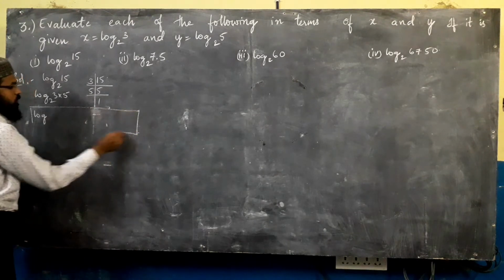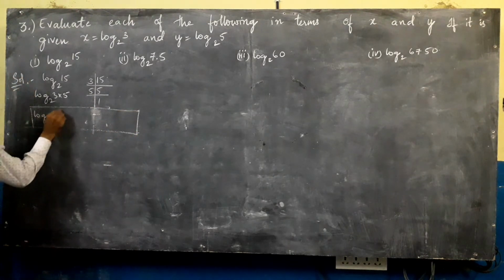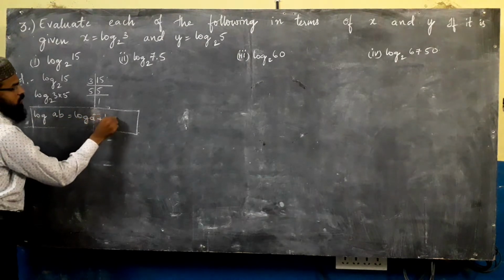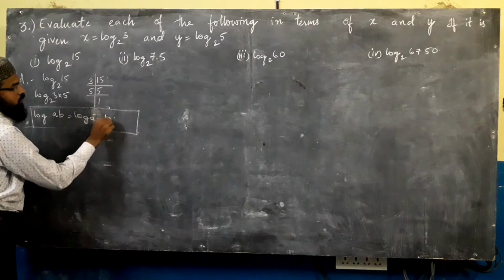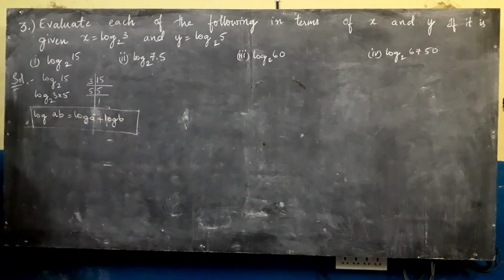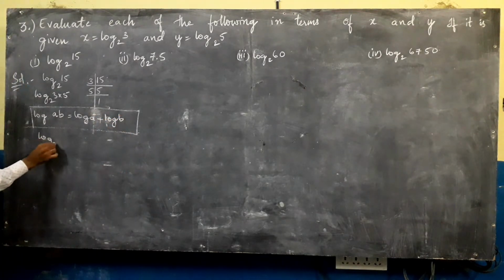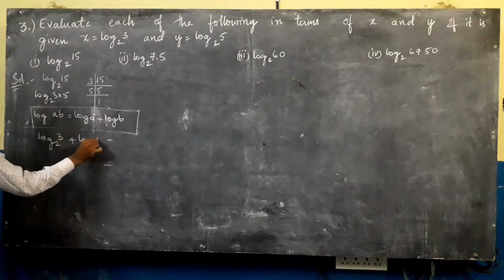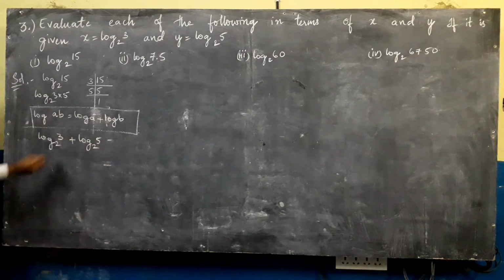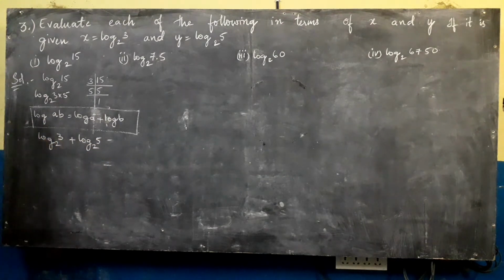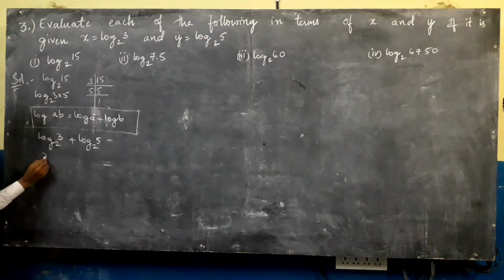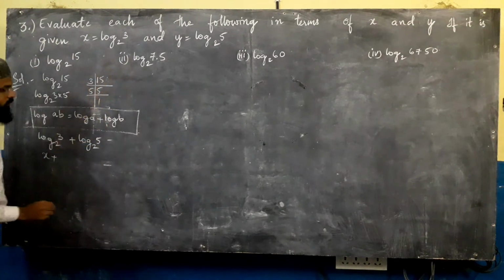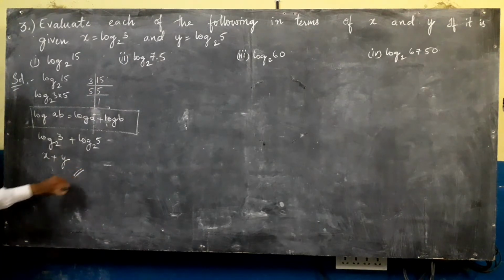We are going to use the formula log AB is equal to log A plus log B. So log 3 base 2 plus log 5 base 2. Log 3 base 2 value is x plus log 5 base 2 value is y. So, this is our solution.